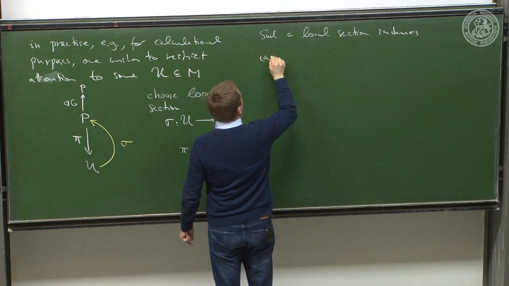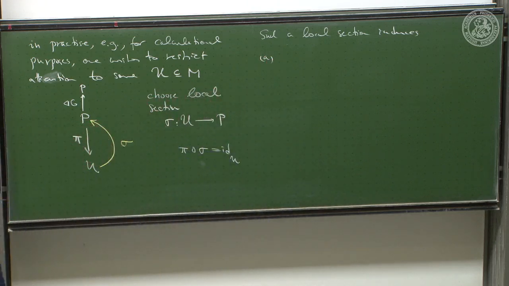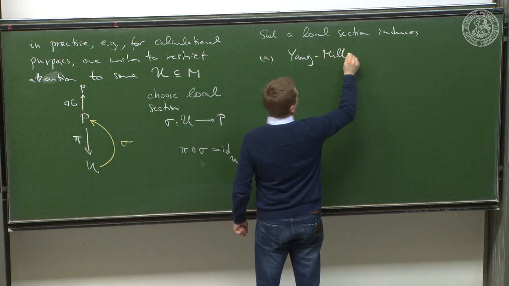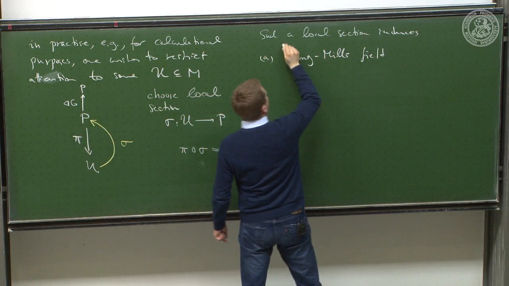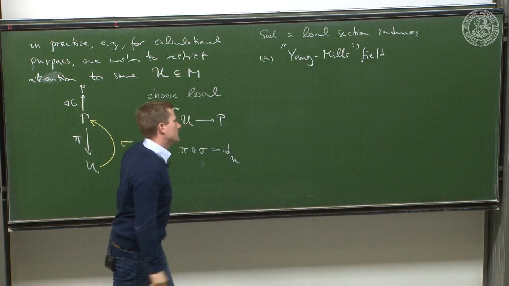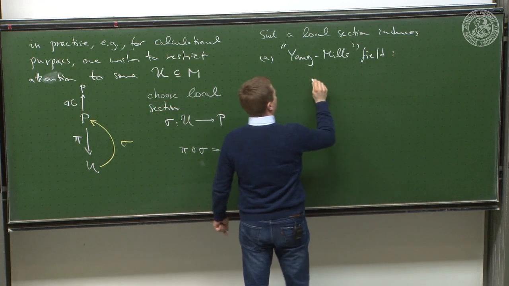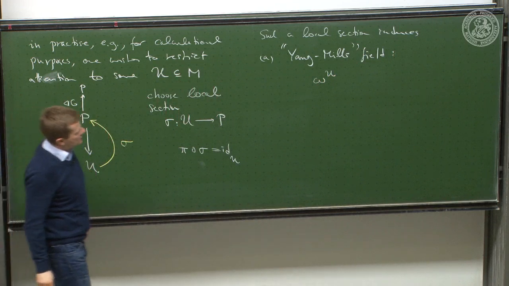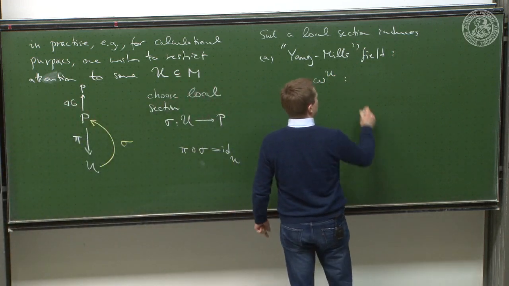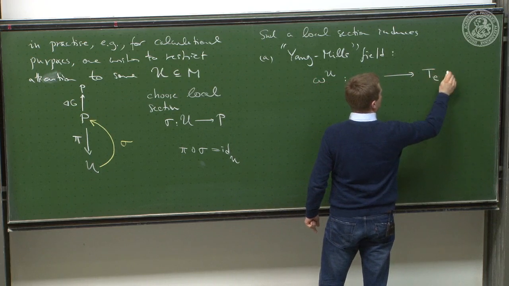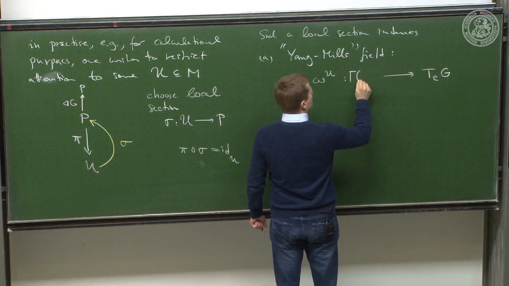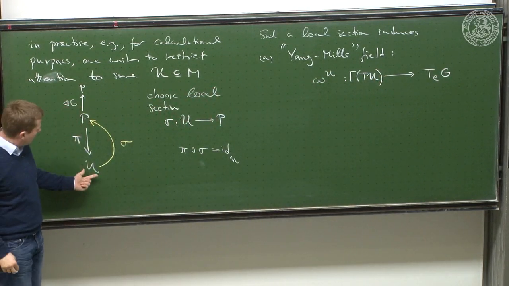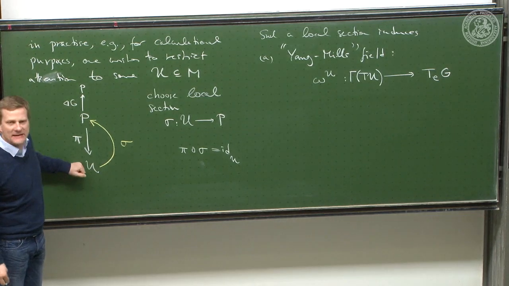It induces, first of all, a so-called Yang-Mills field, again in quotation marks, which we call omega U, where the U refers to this region here, which is still Lie algebra valued, but it's now only a one form on this local patch on the base manifold.